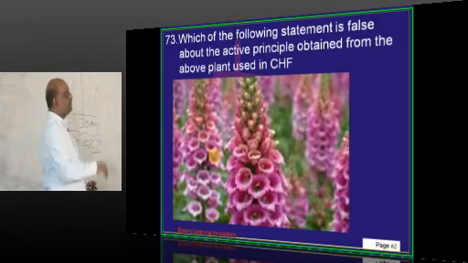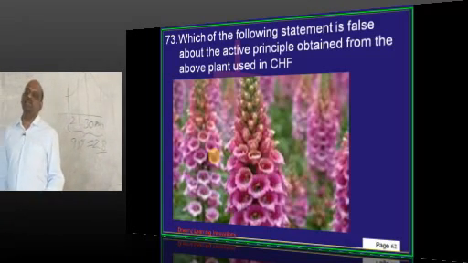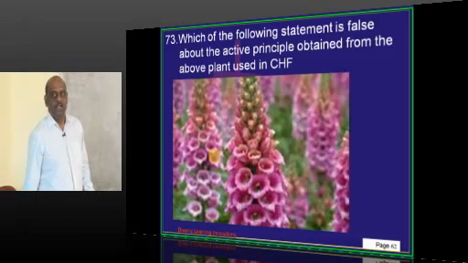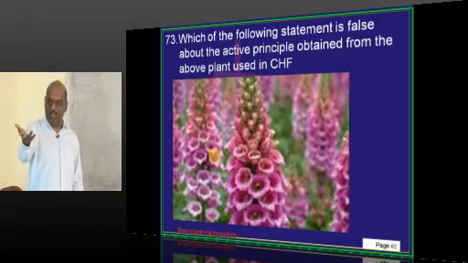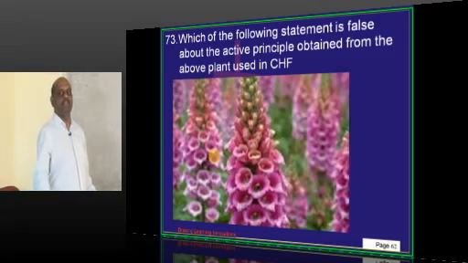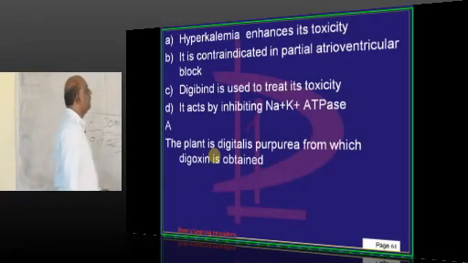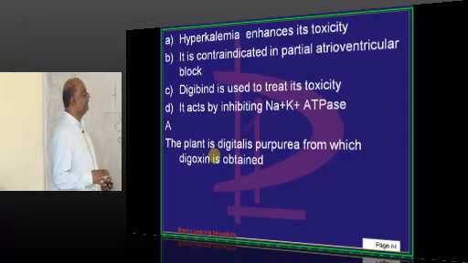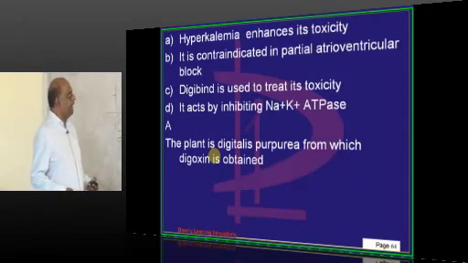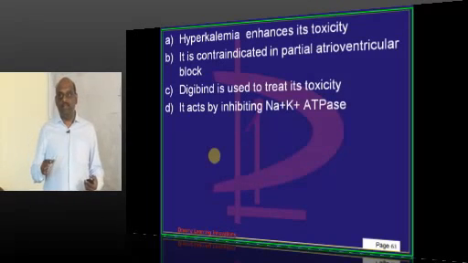Now what is the active principle of this plant used in CHF? In CHF only 3 drugs: D for digoxin, D for diuretics, D for vasodilators, D for death if you don't treat. So typically digitalis, remember 2 things.